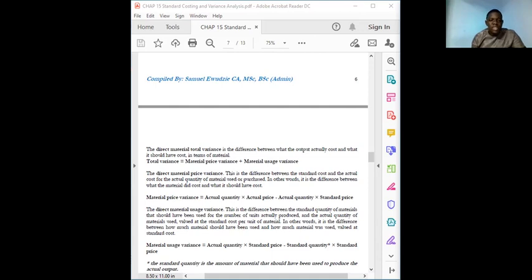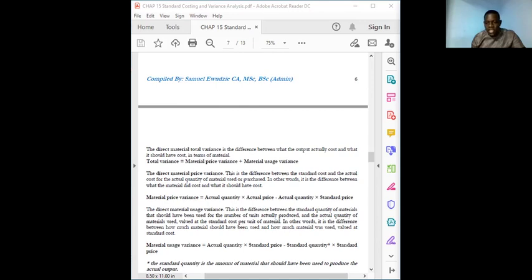Now for direct material usage variance, it is the actual quantity times the standard price minus standard quantity times standard price.